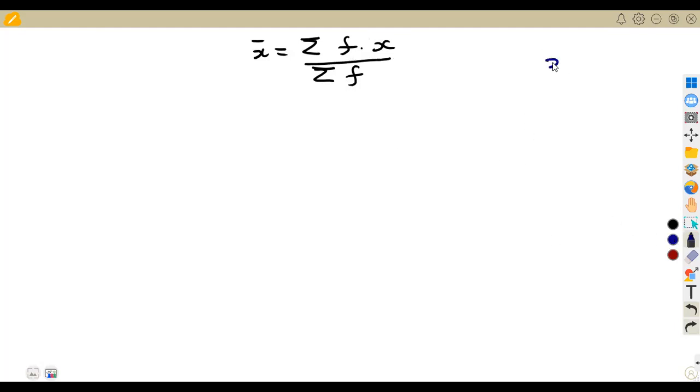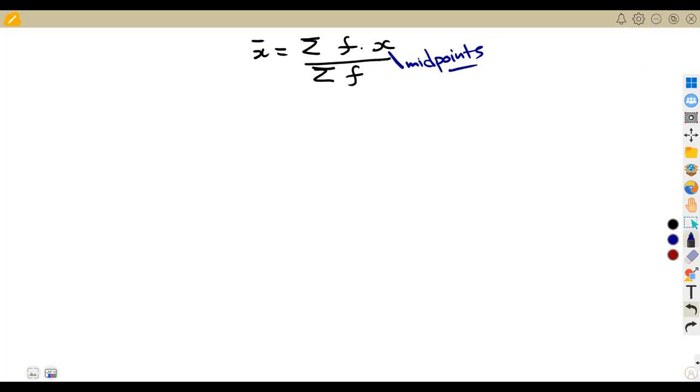On ungrouped information, remember, the mean is equal to the sum of terms over the number of terms. The x was representing the terms. But this x here represents the midpoint. It is different. We're talking about the class midpoints, the class centers.